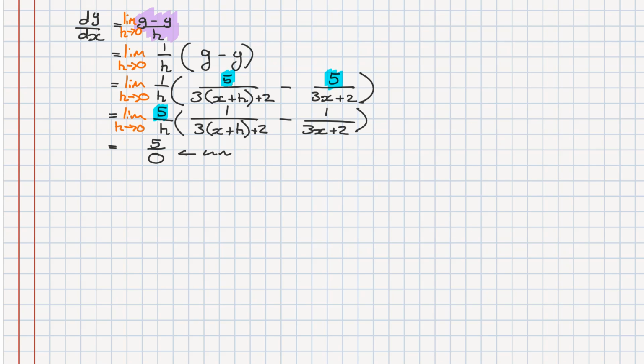So effectively we want to deal with the h down here. The way we're going to do that is we're going to try and find that we've got an h up in the numerator, which will cancel out the h down in the denominator.